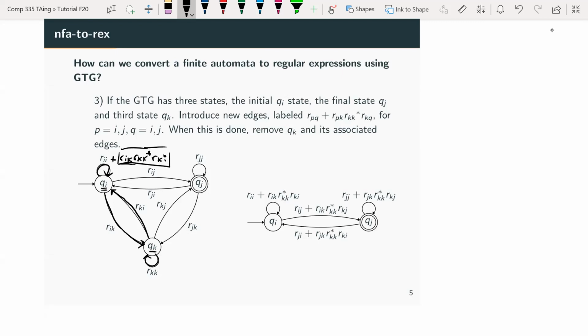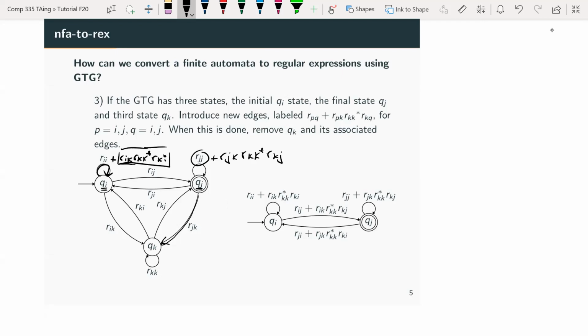To eliminate it, you just list the alternative way of going from QI to itself. Then you repeat the same thing for all of the pairs of transitions. For instance, to go from QJ to itself, you can either use RJJ, or you can go to QK with RJK, then stay in QK for a few transitions, and then go back to QJ with RKJ.